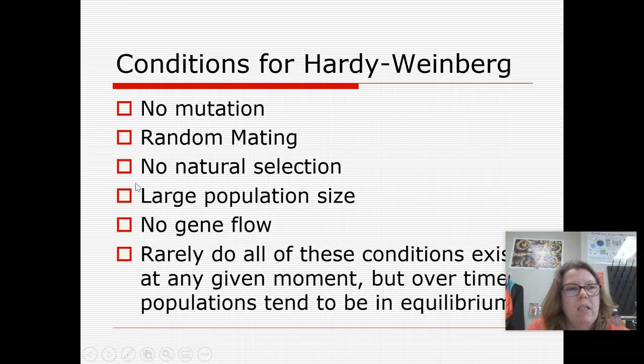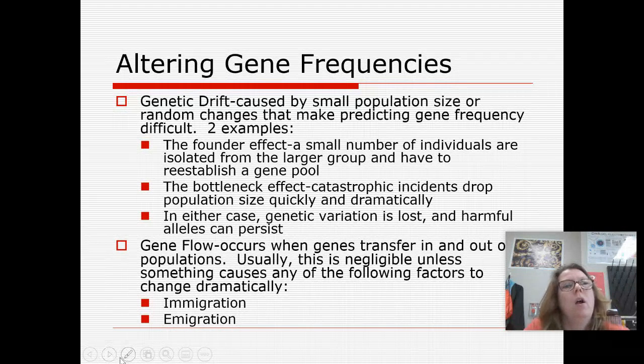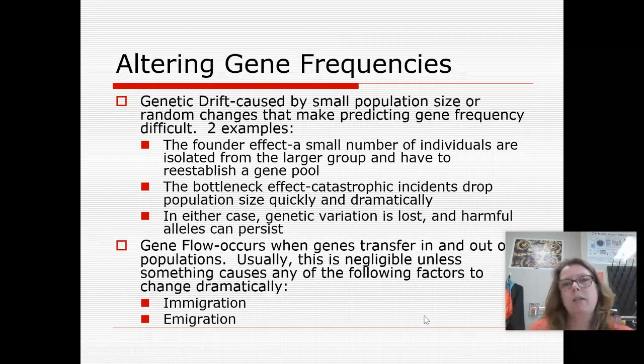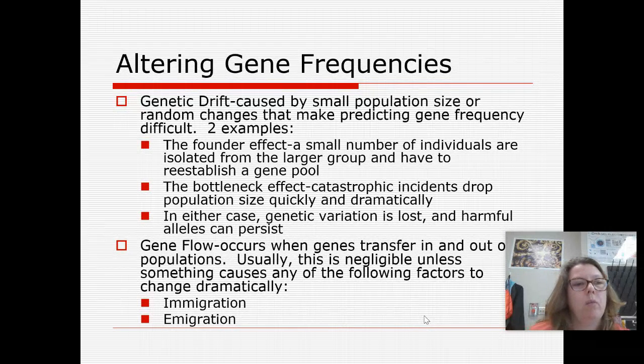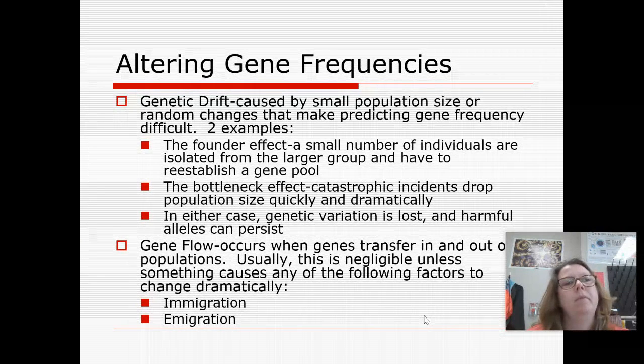One of these things isn't true, especially this natural selection one. All right, so to alter the gene frequency of a population, to cause the population to become in disequilibrium or to not be in Hardy-Weinberg equilibrium, a couple things can happen. One is genetic drift, and genetic drift is a weird concept.